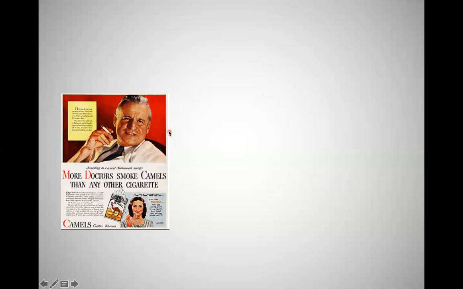Tobacco advertisements used to use doctors' testimonies to advertise their cigarettes. For example, this one shows that more doctors smoke Camel cigarettes than any other cigarettes. Because in the 1960s, in fact, doctors used to smoke. You used to go into a hospital and people used to smoke in a hospital. And doctors used to smoke. Actually, until very recently in Lebanon, I went into a clinic and the doctor was smoking in the clinic.